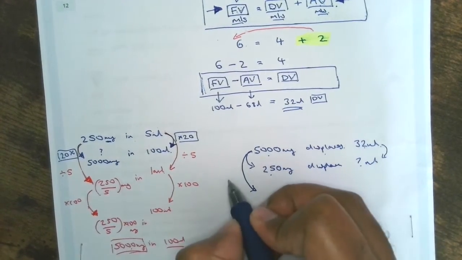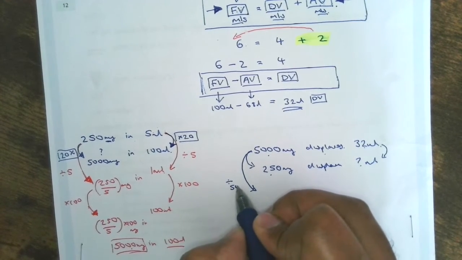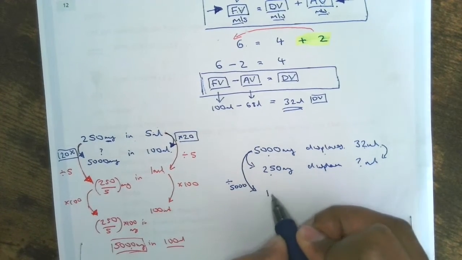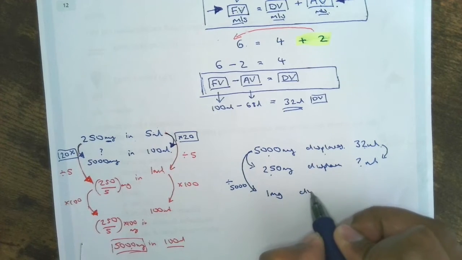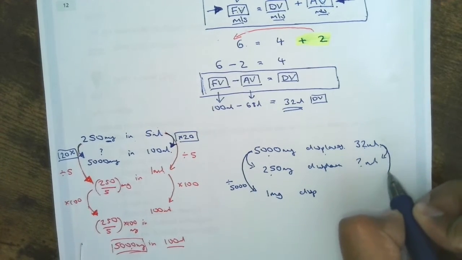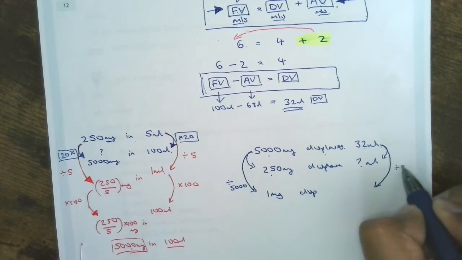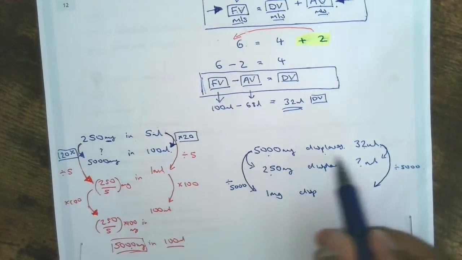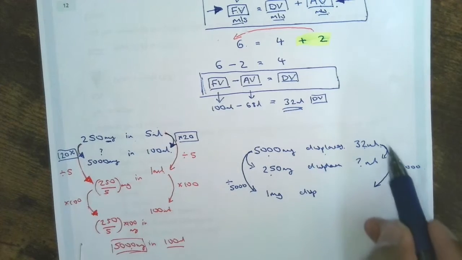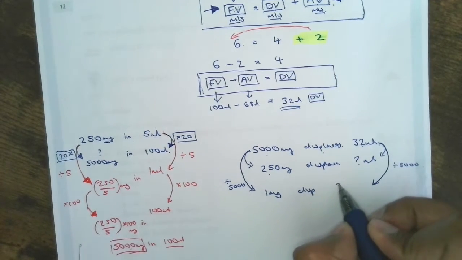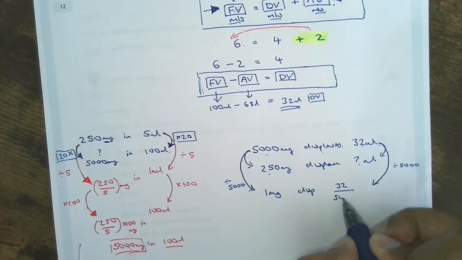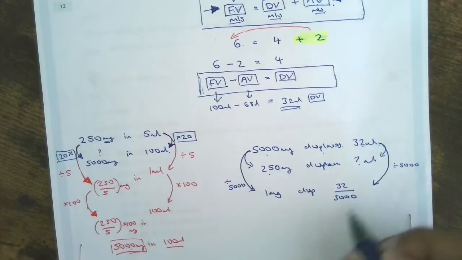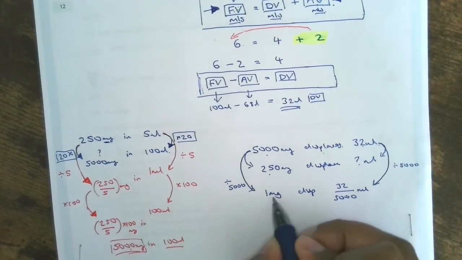So 5,000 divided by itself, which is 5,000, will give me 1 milligram. So I can on this side divide the 32 by the same number. Because remember, when you're dealing with equations or factors, whatever you do to one side you must do to the other. So this is going to be 32 divided by 5,000. That's how many mils are in 1 milligram.